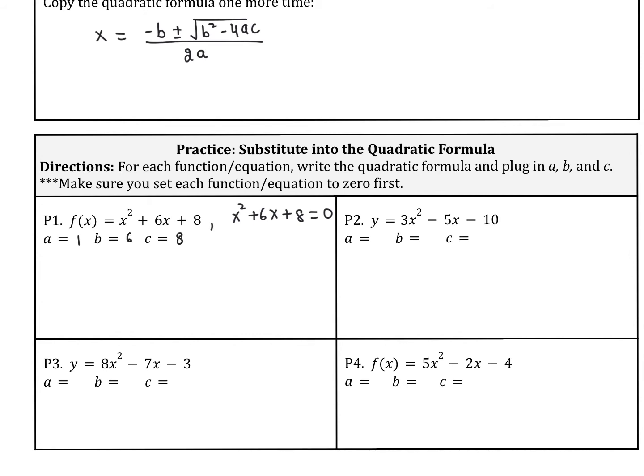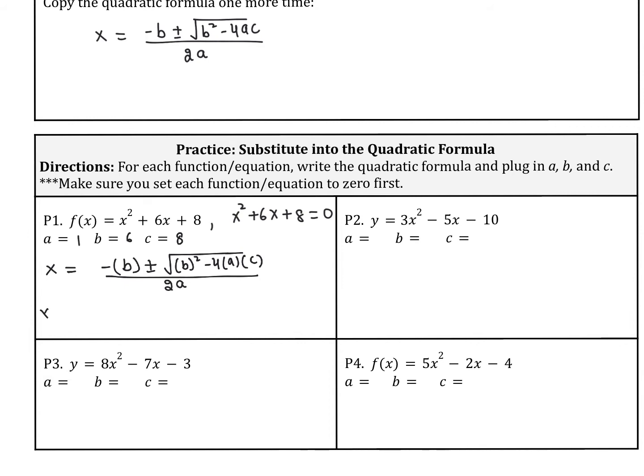Now the formula is x equals negative b plus or minus the square root of b squared minus 4ac, divided by 2a.